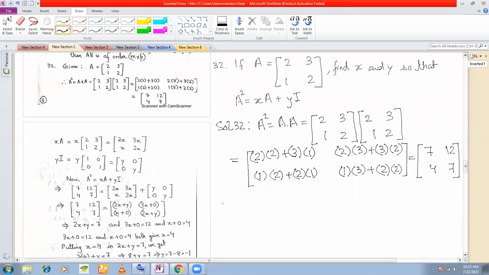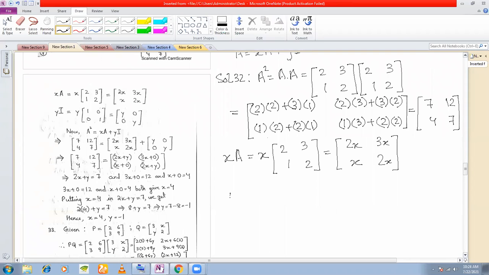So let us first find out xa. X is a scalar. Xa is equal to x into 2, 3, 1, 2. So this becomes 2x, 3x, x, 2x. And yi. I is an identity matrix of order 2.